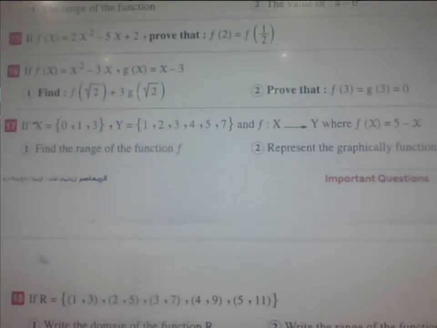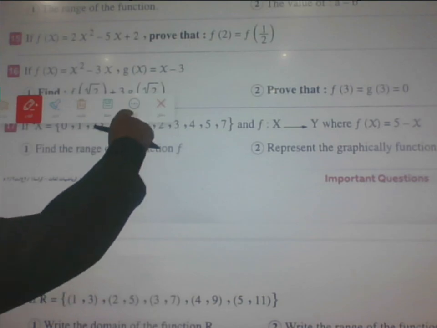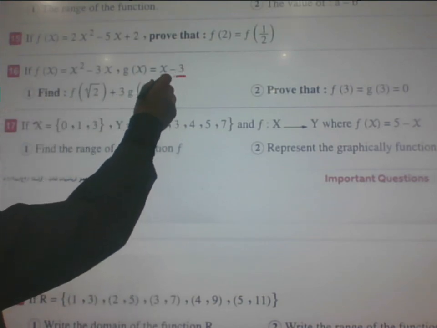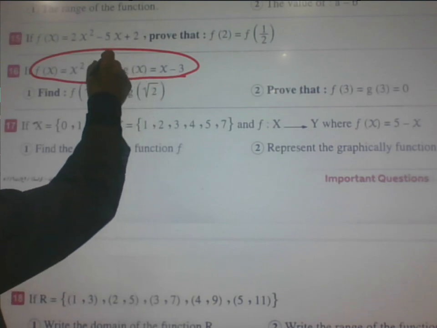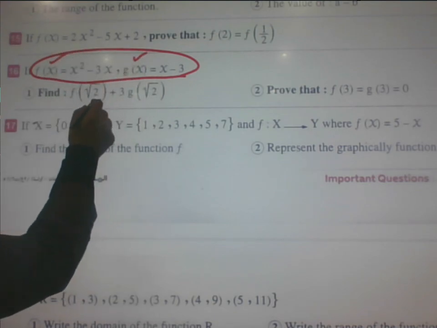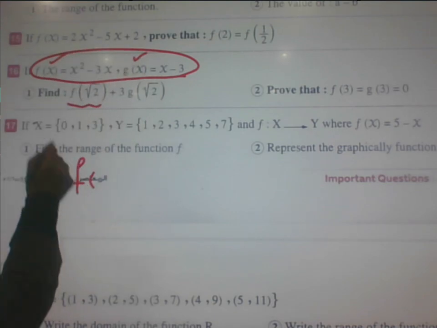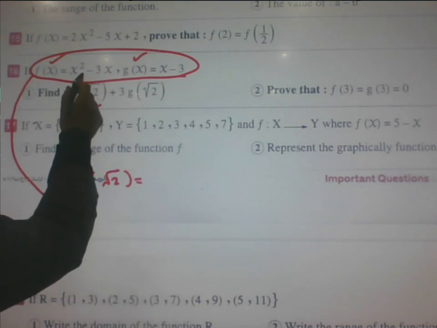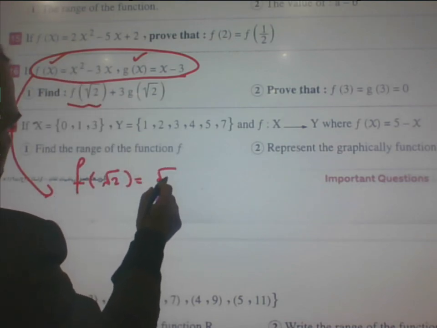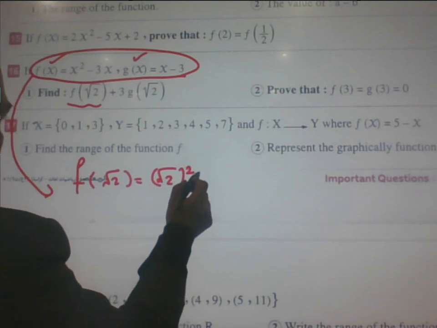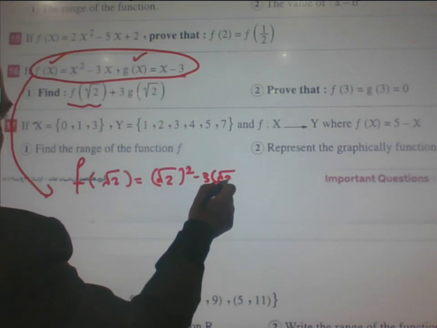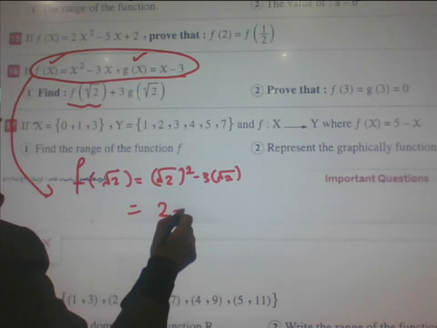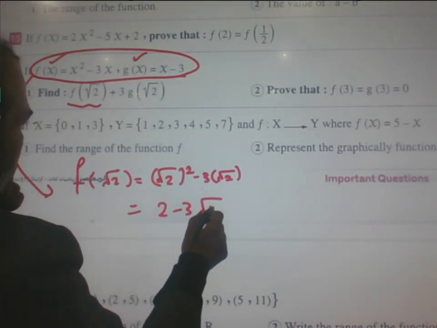Next question, number 16. We want to find f of root 2 plus 3 times g of root 2. We have two functions here, this first function and this second. F of root 2 first, okay? I will find the solution down here. f of root 2 equals: put the value of x equal to root 2. Root 2 power 2 subtract 3 product by root 2. Root 2 power 2 equals 2. Then we have 2 subtract 3 root 2.